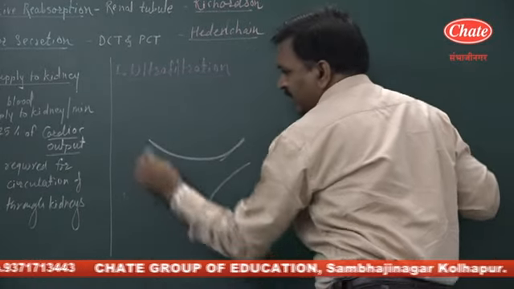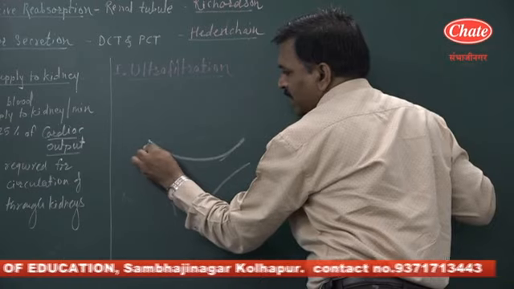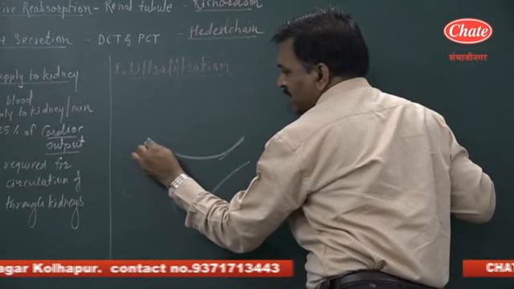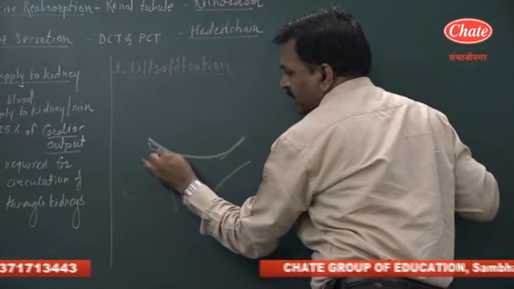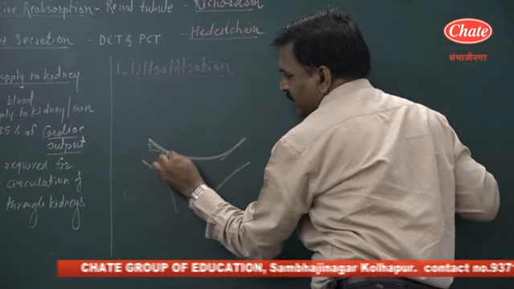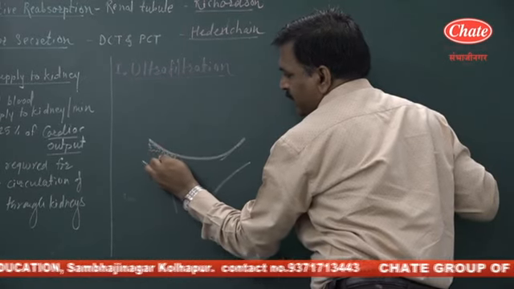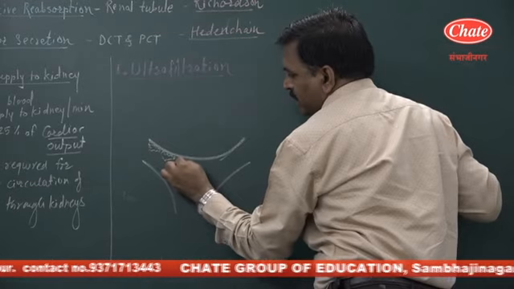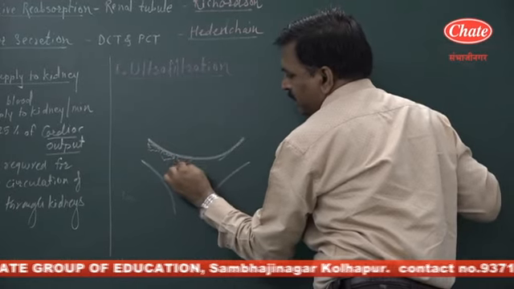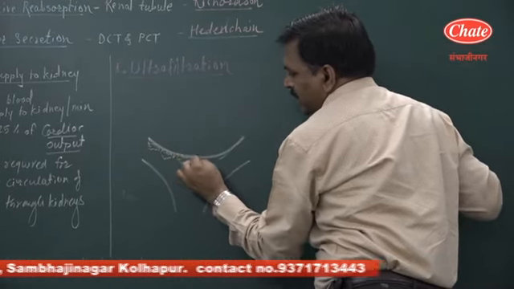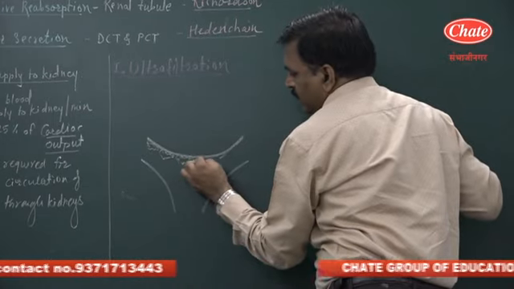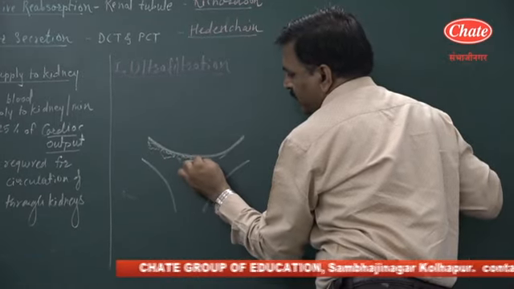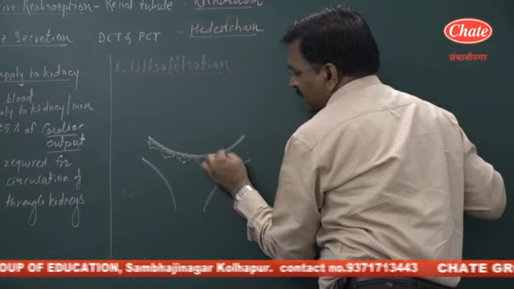This visceral layer of Bowman's capsule is lined by special cells, termed podocytes. What are podocytes? Podocytes are modified squamous epithelial cells.